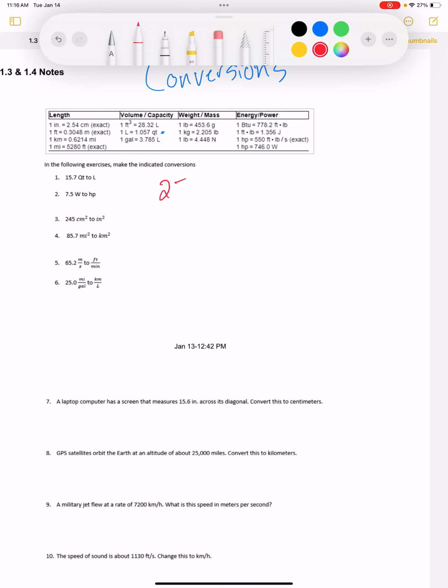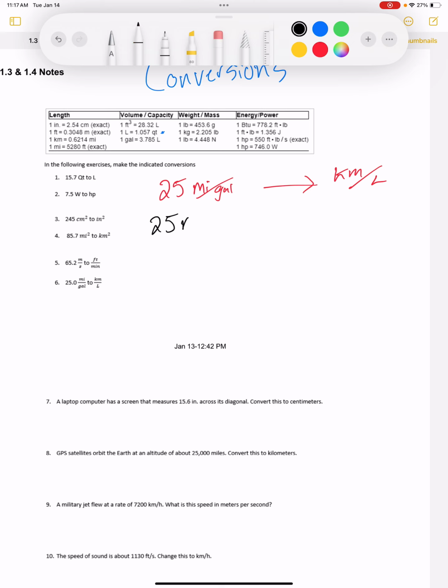So 25 mile over gallon, right? So you're going 25 miles. I'll write it like that first, gallon. All right, and we want this converted to kilometer per liter. So this is how I'm going to do this.